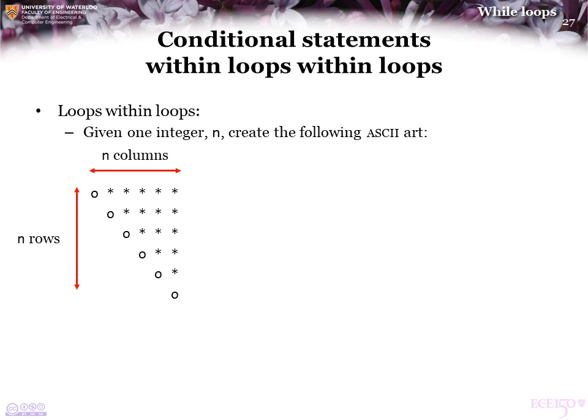Next, let us consider this piece of ASCII art. Here we are highlighting the diagonal entries of an n by n matrix with a lowercase o, and all of the strictly upper triangular entries with an asterisk. Well, at this point you should realize that we do have to print something for every single entry of this matrix.